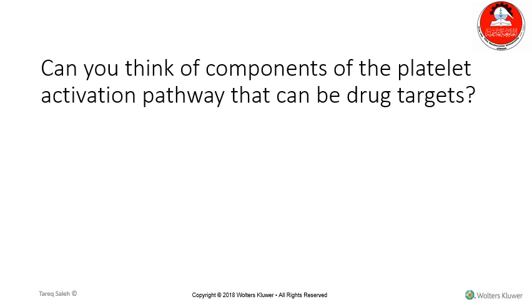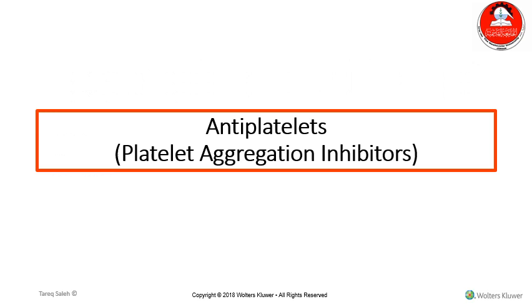This means that multiple targets of that pathway, including cyclooxygenase 1, glycoprotein 2A3B, and ADP release and receptors are all possible targets for designing effective antiplatelet drugs that we can use to interfere with the formation of an unwanted thrombus.